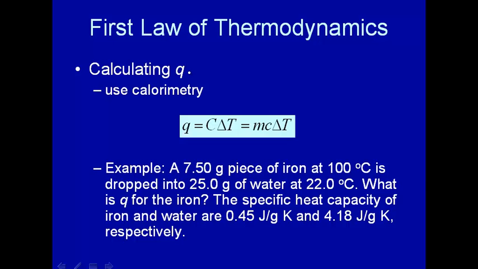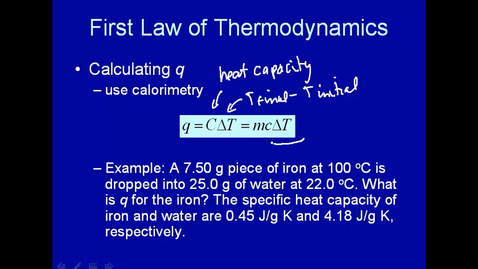Now, you might remember from introductory chemistry, Q is C delta T, where C is heat capacity. And we'll talk in the second part of this lecture more about heat capacity, the capacity to hold heat. And here delta T means T final minus T initial.